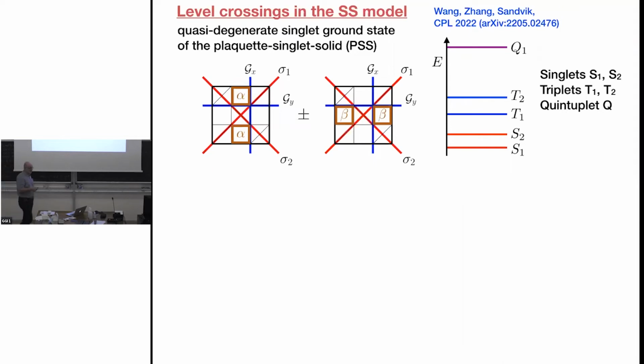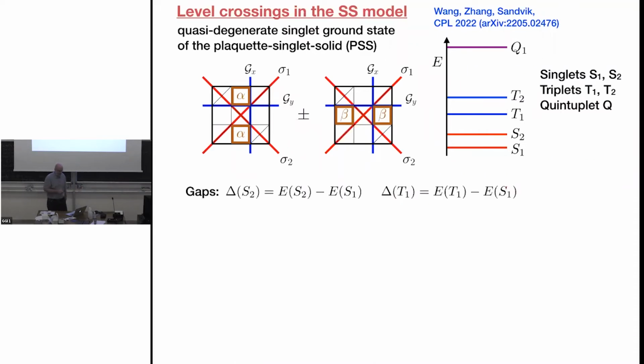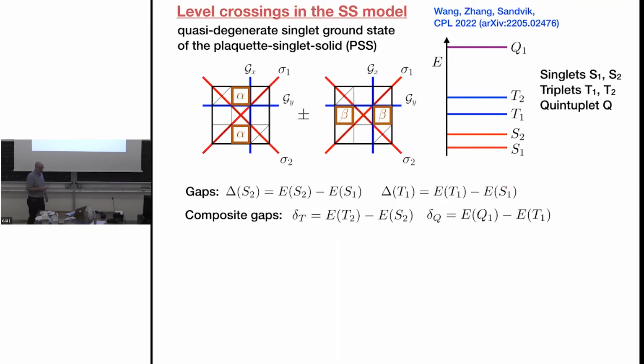So in that case, there could be this kind of plaquette singlet solid state where you form singlets in a twofold degenerate way. And we know that there can be antiferromagnetic order as well. So we can look for gaps, and then we can look at gap crossing points.